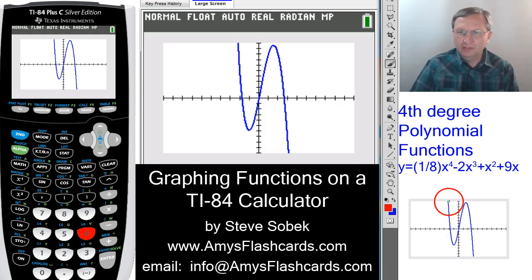One of 2 things is going to happen. Either this function is going to continue up, change directions, and come down somewhere beyond, outside of the current viewing window, which means we're going to have to increase y max and have a lower value for x min, if that was the case.